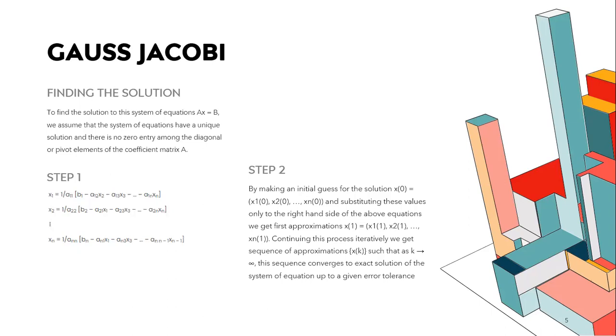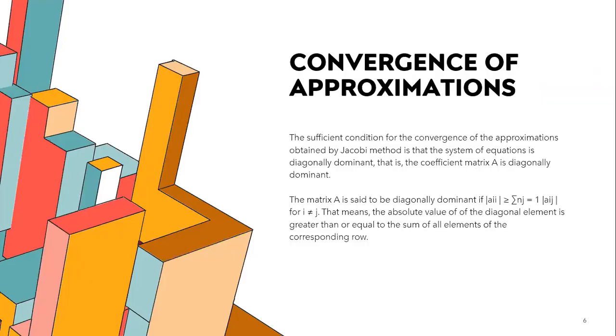We get the first approximation x1. Continuing this process iteratively, we get a sequence of approximations such that as k goes to infinity, this sequence converges to the exact solution of the system of equations to a given error tolerance.